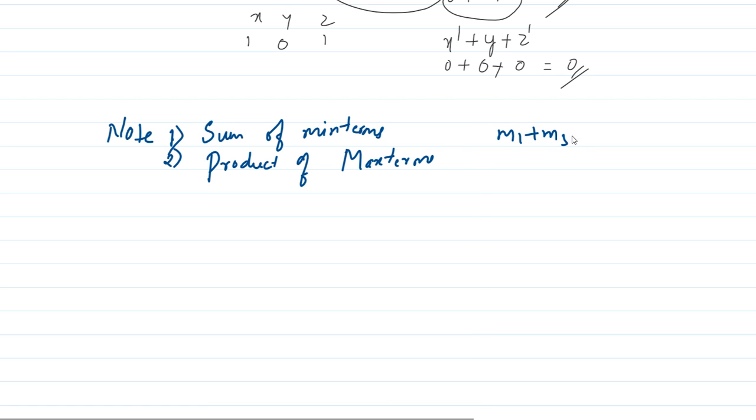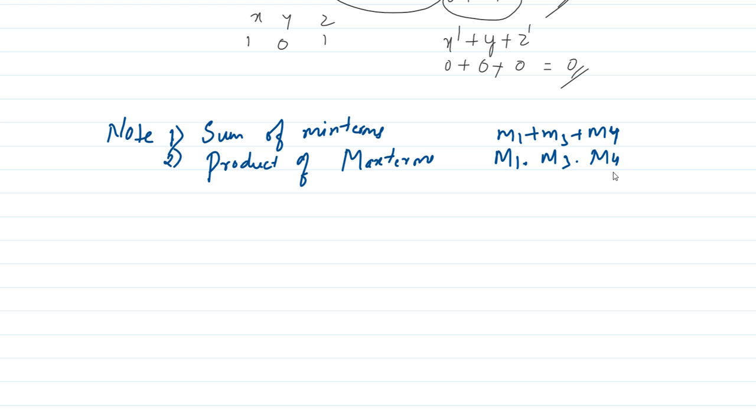This is a sum of min terms, meaning the min terms are summed together. Product of max terms means what? M1 dot M3 dot M4. This is a product of max terms.